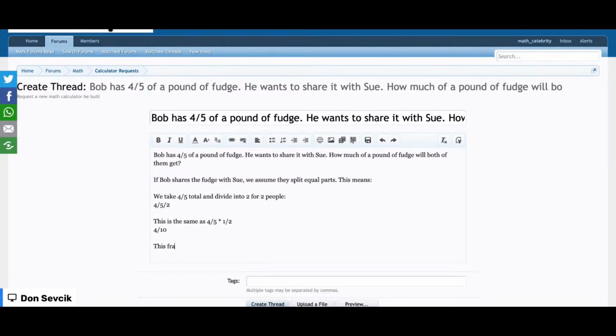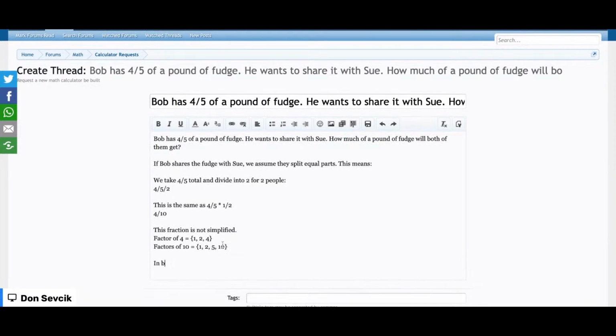However, this fraction is not simplified. Using greatest common factor, we'll list out factors of 4, which are 1, 2, 4. Factors of 10 equal 1, 2, 5, 10. In both of these lists, we see the greatest common factor is 2.